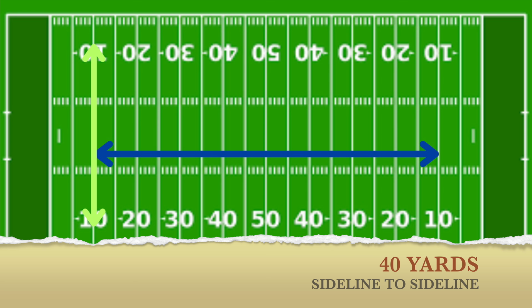Now, different schools have different size numbers, the font's different, but for the most part, this is the general area of what you should expect. The width of the field is just outside the numbers. Now, some schools might use their full sideline and then go over 40 yards. Just depends on how they want to do it, but what would make sense would be to shrink the field and put it inside the football field, but to each his own, I guess.